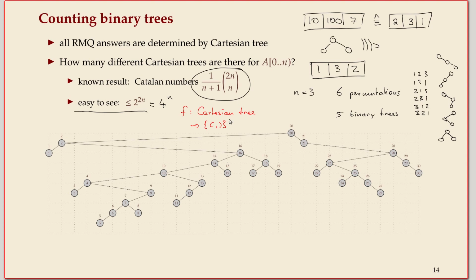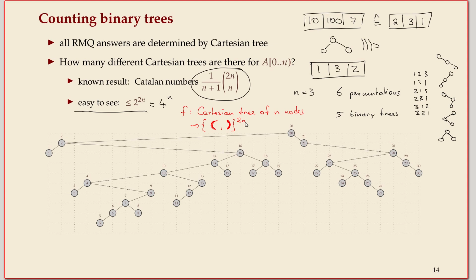And this string will have length 2n if the Cartesian tree has n nodes. So maybe I should be a little more clear about this. There's an opening parenthesis, that's one symbol. There's a closing parenthesis. And we have 2n of these.